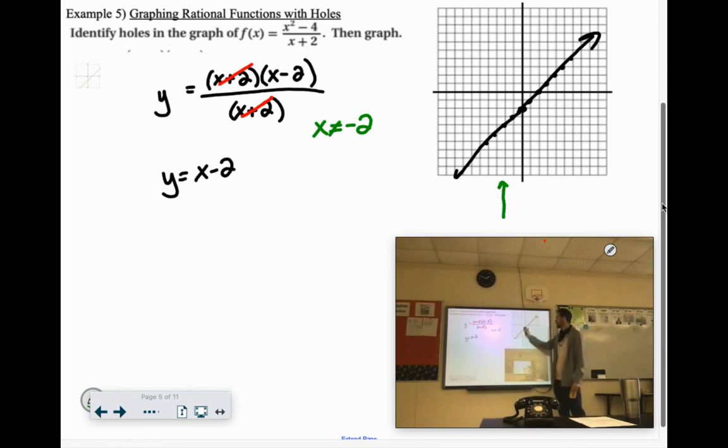Any coordinate in this vertical line, the x would be -2, right? So there's going to be a hole on our line when the x is -2, which is right here. So there shouldn't be a point in that hole. It should just be a hole. So I'm going to kind of erase that so I can make it look a little more proper. And then it would continue right after it.